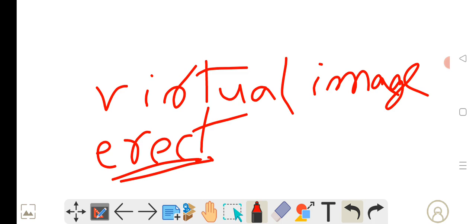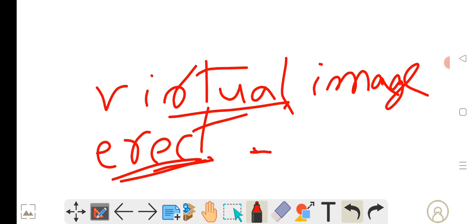However you kept the bottle in front of the mirror, the same way you can see in the image also straight. Understood? So the cap will be up if you place the cap upwards. If you place the cap downwards, you can see the cap downwards. So the image is virtual and erect. I think all of you understood the characteristics.